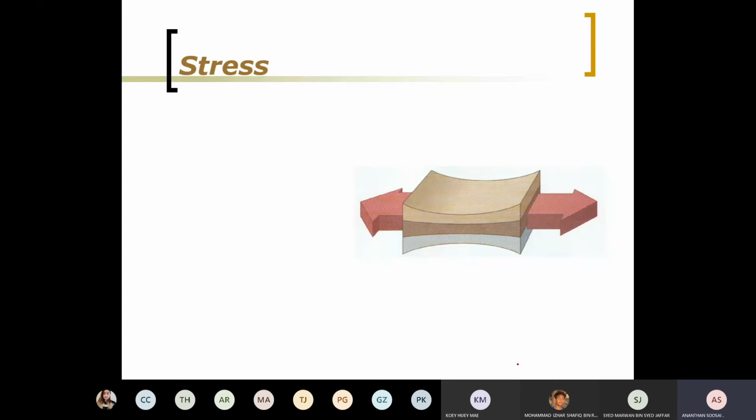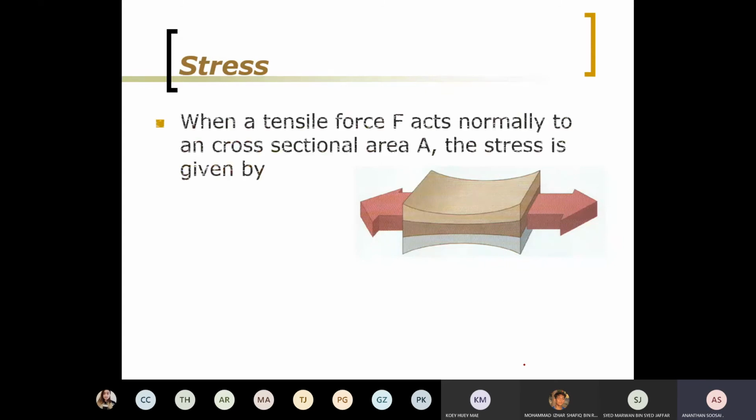In material science, stress is defined as the tensile force acting normally across a cross-sectional area. Stress is force over area, force per unit cross-sectional area. Of course, it looks the same as the pressure formula.